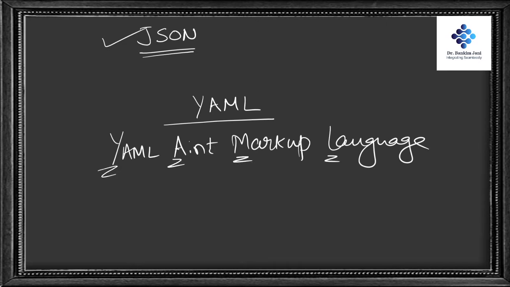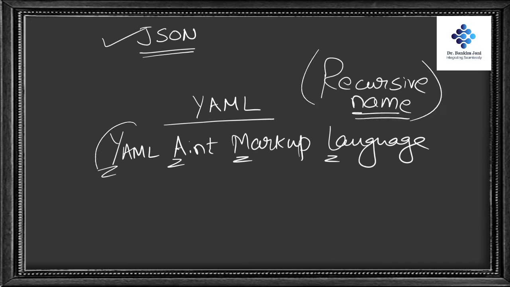Such names are called recursive names. Then you'll say, okay, then what is the full form of this YAML? The full form of YAML is YAML isn't markup language. Yeah, so that's the meaning. It's not a markup language, right? What it does is it focuses on data structure.